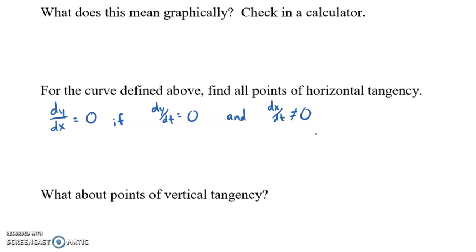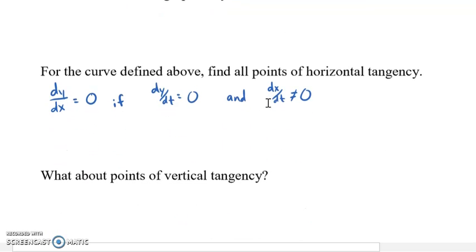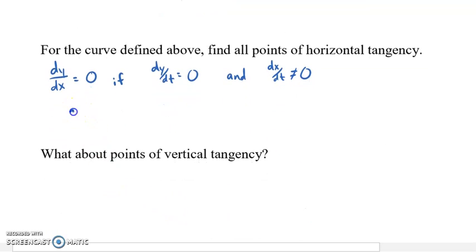Make sure you double check and make sure we don't get a 0 in the denominator. So long story short, make sure you're using the simplified version if you want to keep things simple. So 3 halves t plus 1 is equal to 0, means that t equals negative 1.